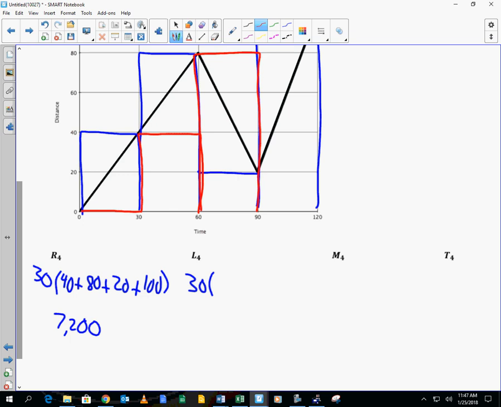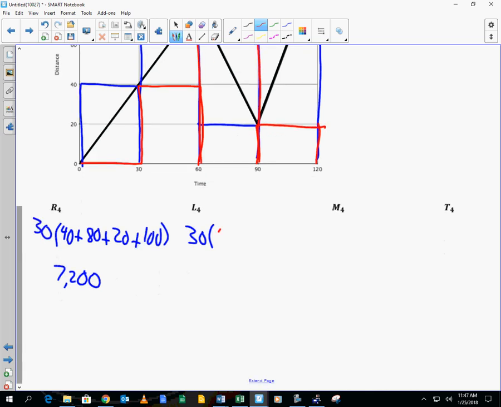I keep the 80. I keep the 20, but I lose the 100. So I get a 0, I keep the 40, I keep the 80, I keep the 20, I lose the 100. 30 times 140 is going to be 4,200.